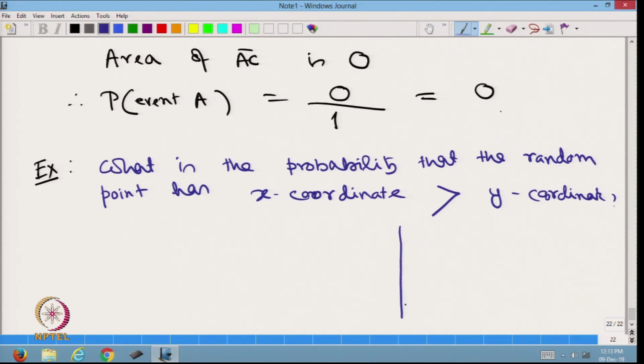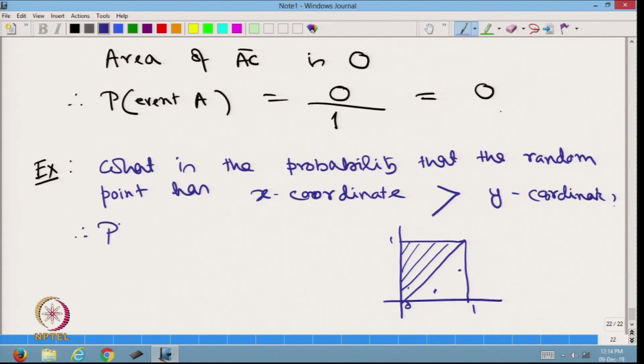So, again if we look at the square, and we can see that if this is this diagonal, then for each point in this triangle, the x value is greater than the y value. On the other hand, if we consider this triangle, for each point inside, the x value is smaller than the y value.